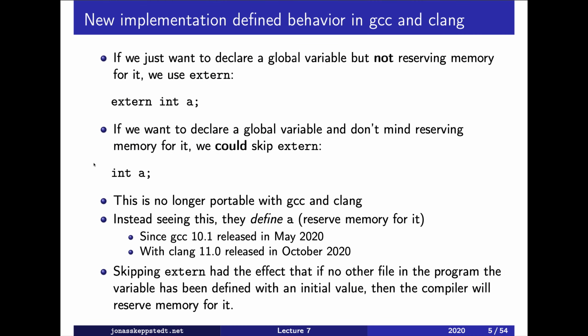Okay, so that is what actually happens in the object file with the different versions of GCC and clang. So what should you know about this? To avoid problems as a C programmer, you should use extern int and not only int without the extern.